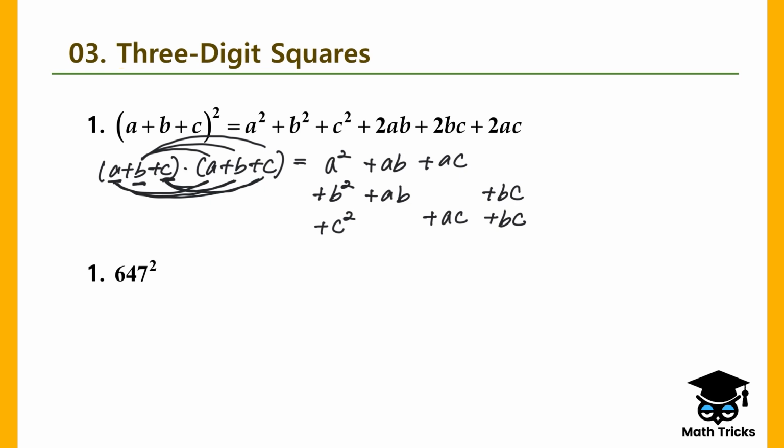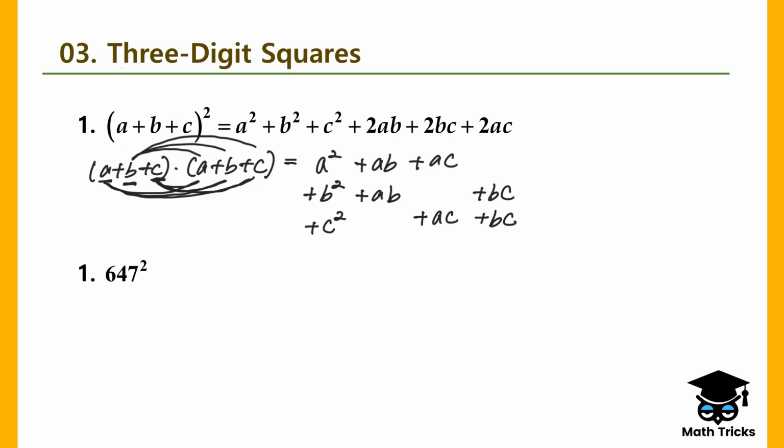Now we're going to look at number 1, 647 squared, and we're going to expand this using this method. 647 squared can be written as (600 plus 40 plus 7) squared, a trinomial square, right?